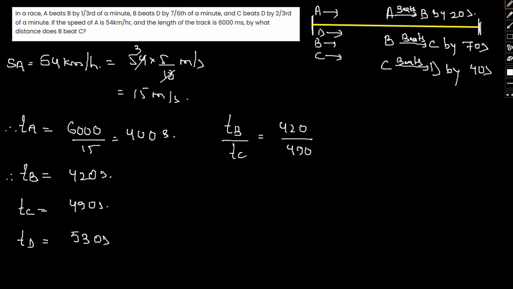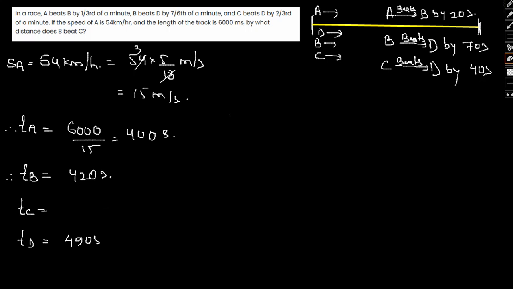B beats D by 7/6, so we have made a little mistake in this regard. Just a second. B beats D by 70 seconds. So the time of D will be 490 seconds.